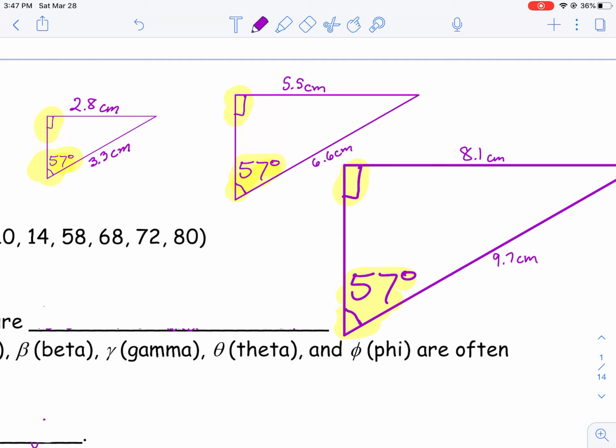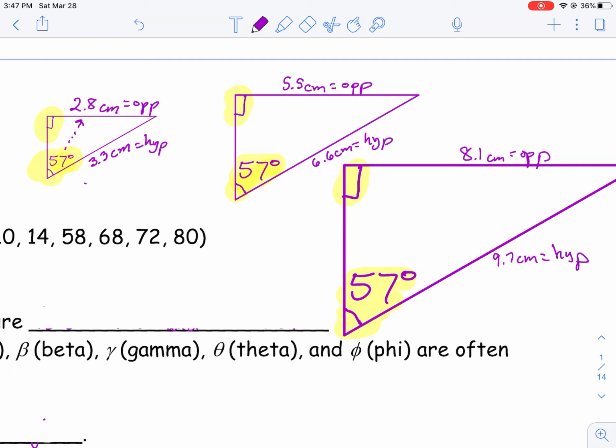If you would take the opposite side of 57 degrees and divide it by the hypotenuse, you'll see something very interesting happen. In each case, I have an opposite side and a hypotenuse.